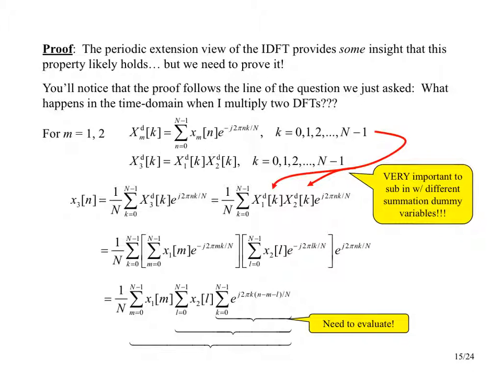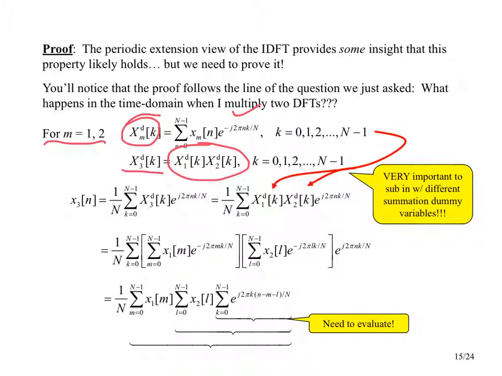What if I have two DFTs, I multiply them together, and I take their inverse DFT? What do I get? So we'll start off for m equal to 1 and 2. So we'll have X1 and X2, the DFTs. So it's just defined as regular DFTs for two different signals. And then we form a third DFT by just multiplying those two original DFTs together.